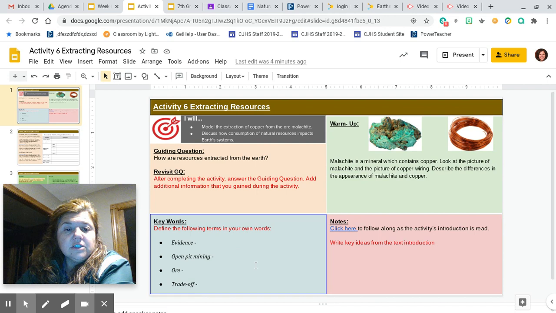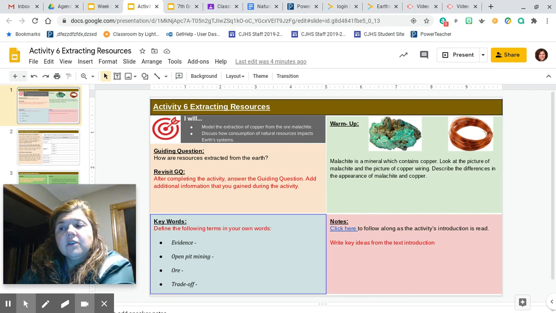Also, as you are reading and working on this lab, make sure that you are also answering these key words. Now, I am not looking for a book definition necessarily. I know that you can Google all of these words and you can get a definition that you could copy and paste into that. I'm not looking for that.